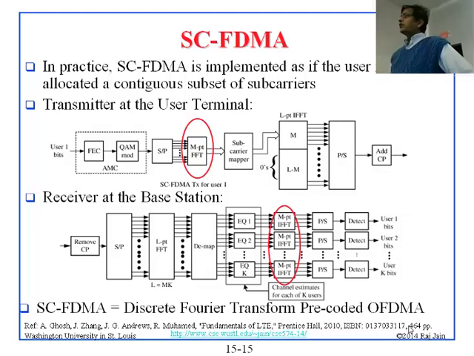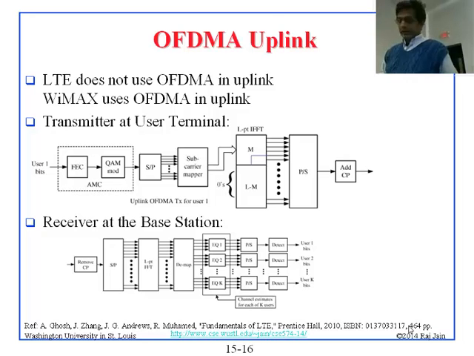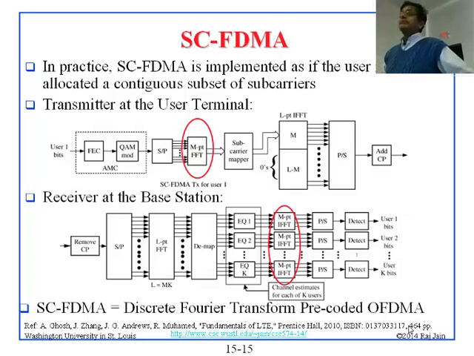But actually, this is very similar to OFDMA, except that before we give the carrier to the mapper, we do DFT, discrete Fourier transform, which is another name for FFT. So instead of giving plain carriers like here, we pass them through a DFT. That's the only difference.